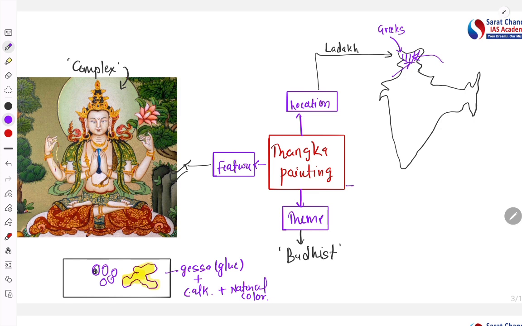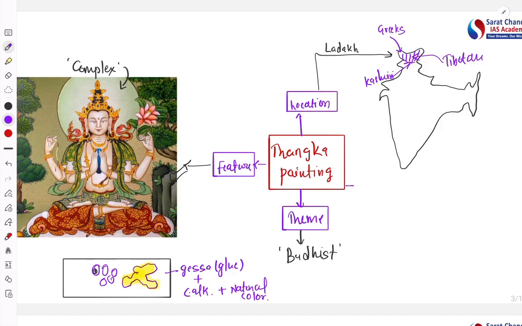So we can say that Ladakh was the crossroads of a multicultural construct. These paintings like Thangta represent such a synthesis of different cultures. So this article was about the Thangta painting. We got to know it is related to Ladakh, to the Buddhist theme, and it creates complex images.